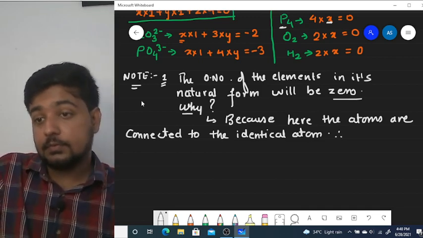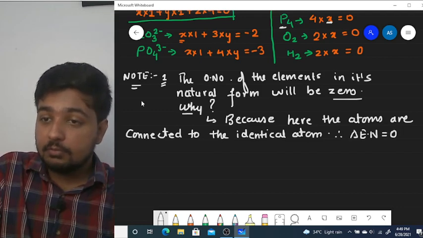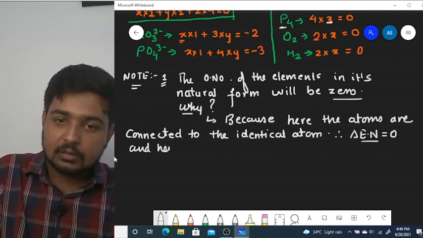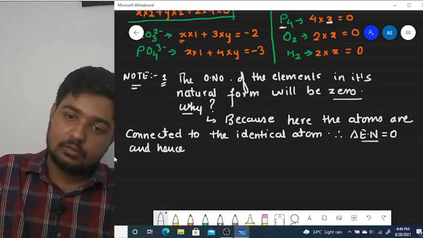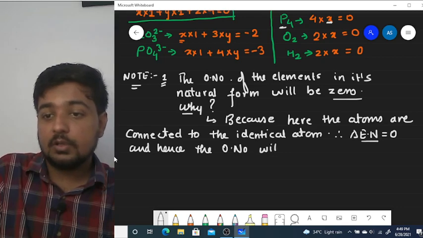Therefore, delta EN, that is the electronegativity difference, will be 0, and hence the oxidation number will be 0.